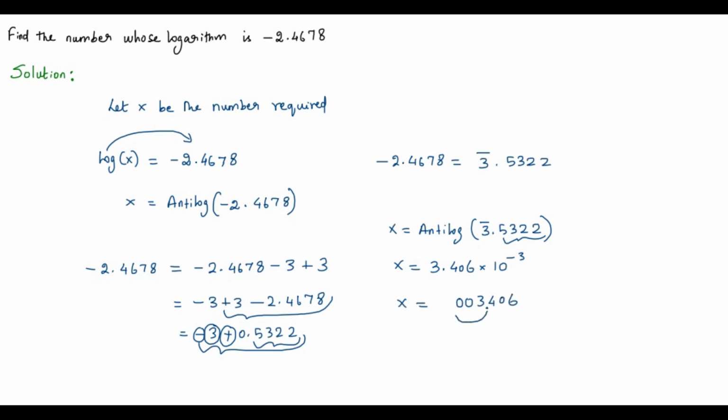I am just moving this decimal 3 digits to the left. Then I will have point here. To make this point visible, I just take a 0. So the required number is 0.003406. That is, logarithm is found for 0.003406, and the answer received is minus 2.4678.